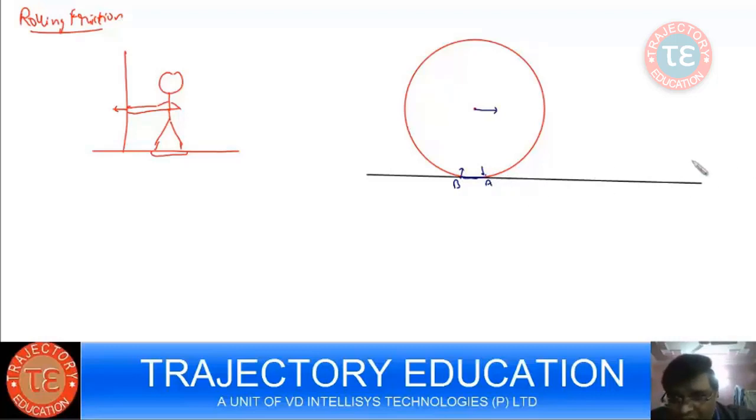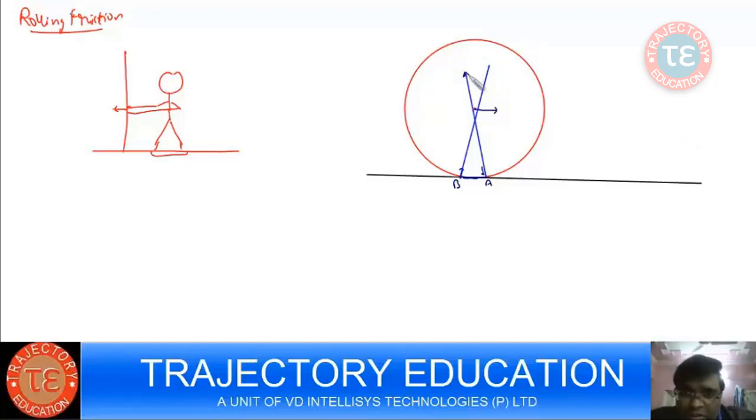So since you are pressing this A, the normal reaction at this point is going to be slightly higher. Say the normal reaction is this. And the normal reaction at B is going to be smaller.